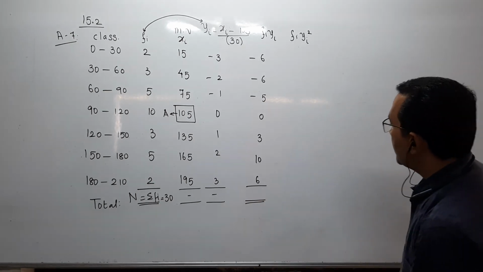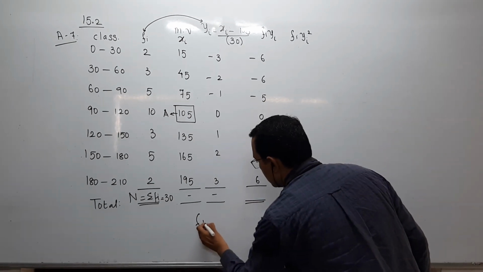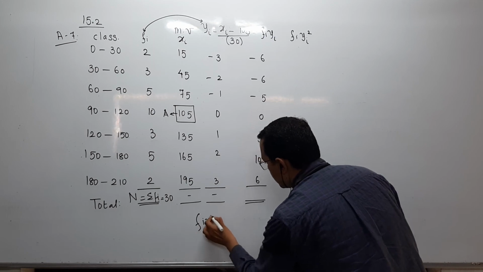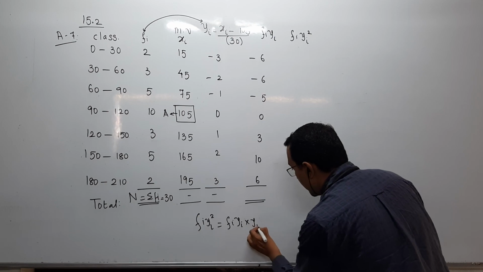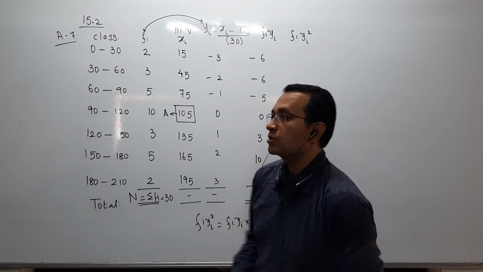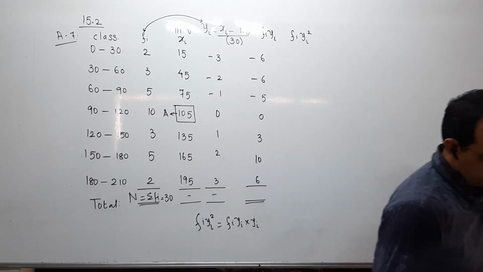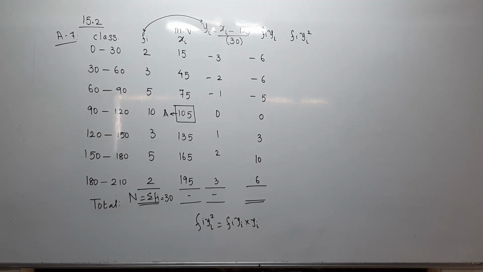And Fi yi square is always obtained as Fi yi into yi.